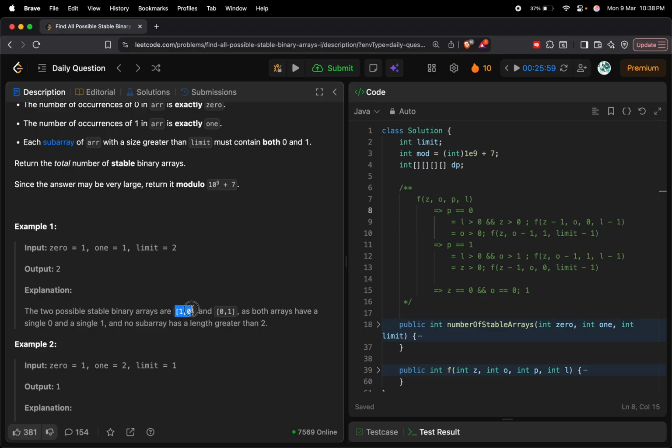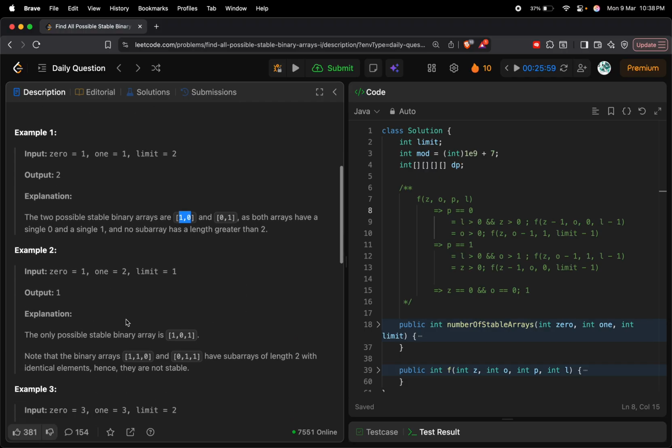These are the two possible arrays, and every subarray of size greater than or equal to the limit will contain both zeros and ones.